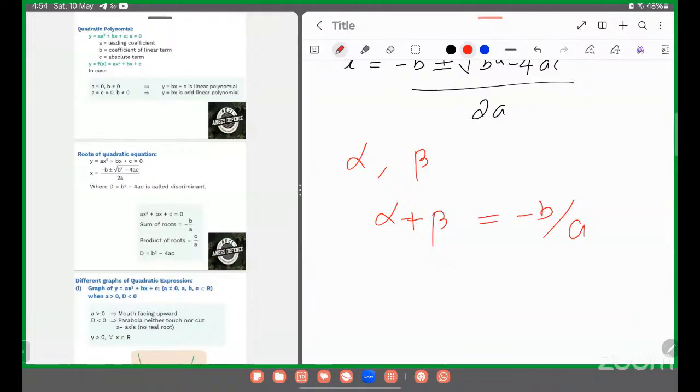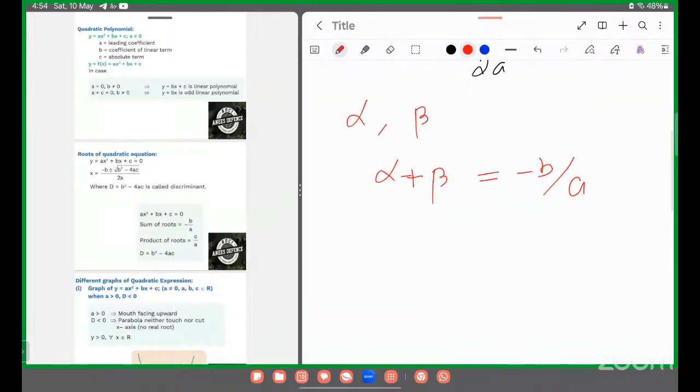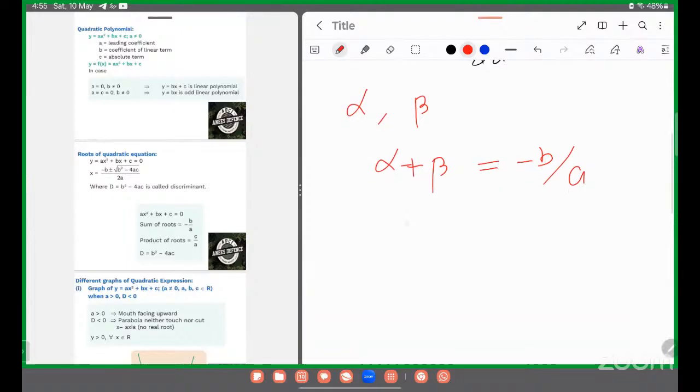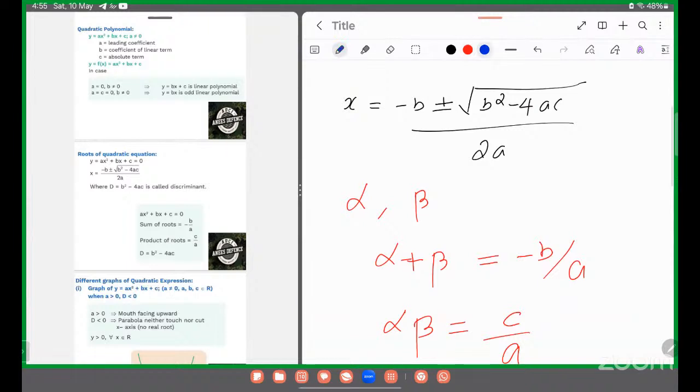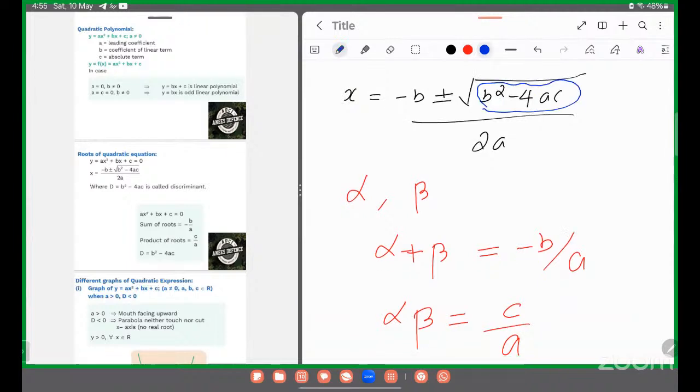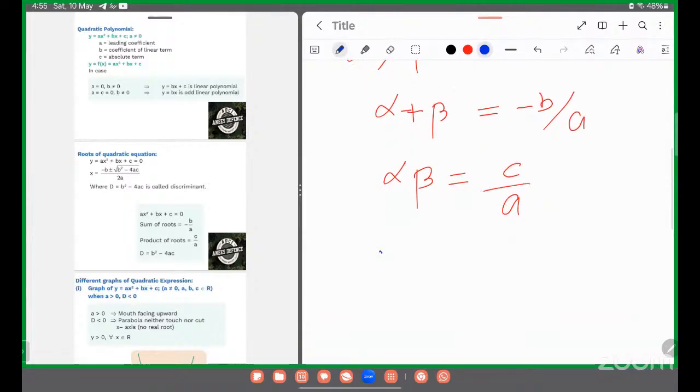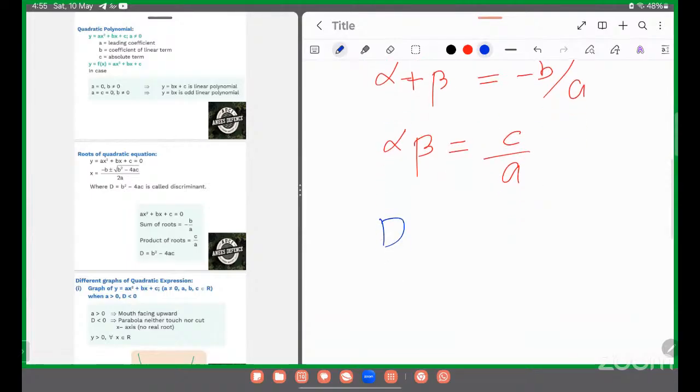And if you take the product of the roots, that means alpha beta, that will be equal to c by a. In this quadratic formula, you can see one particular term, b square minus 4ac. That is known as the discriminant.